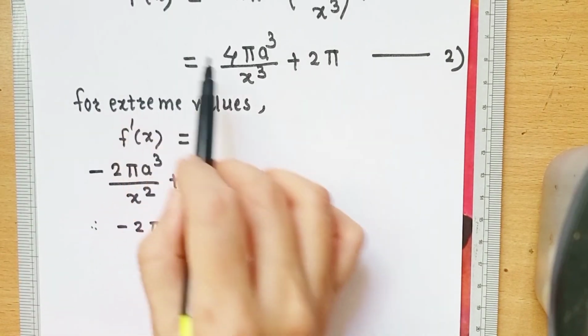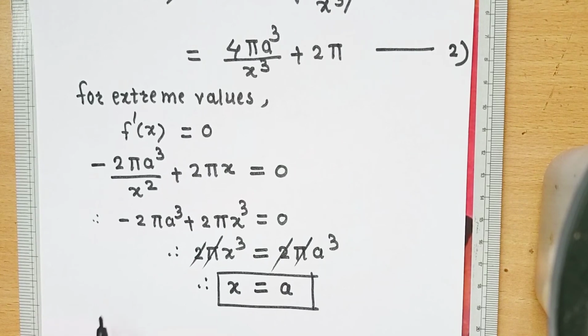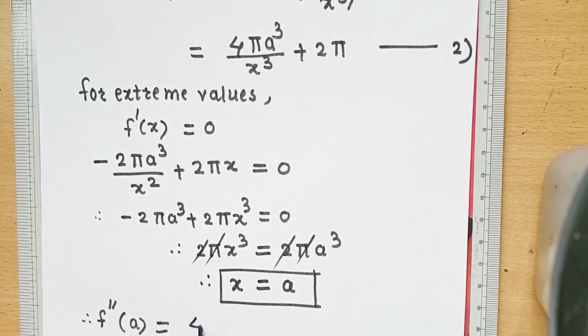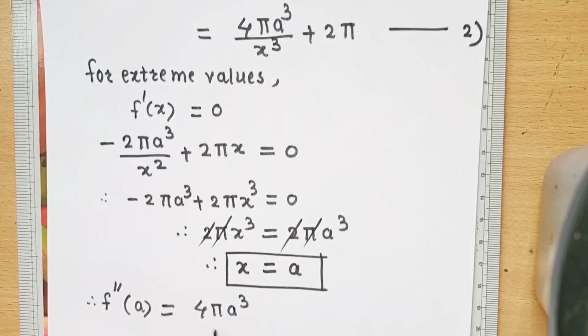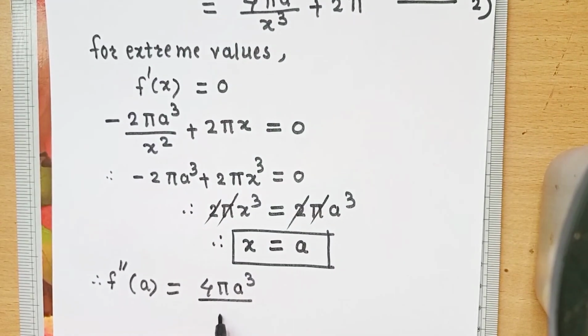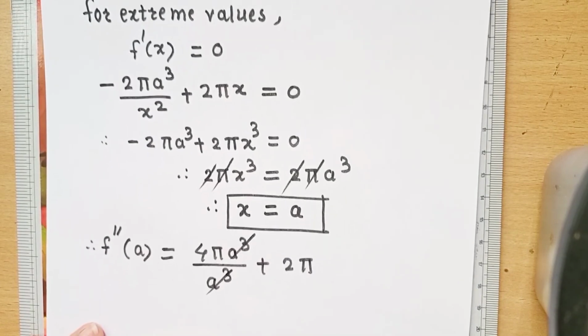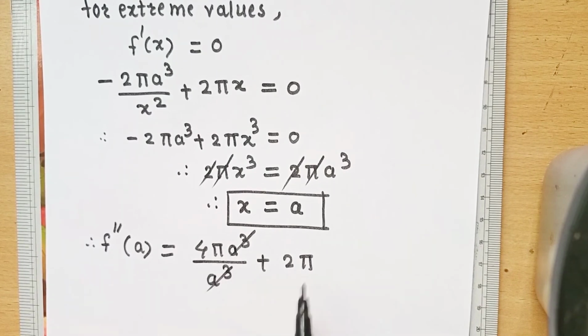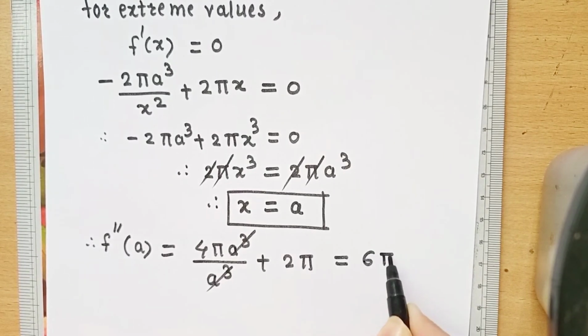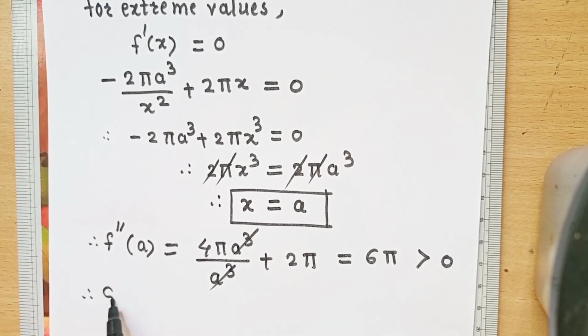Now substitute this in the second order derivative and we will check whether the surface area is minimum or not. So f double dash of a is equal to 4 pi a cube upon, instead of x we will write a cube, plus 2 pi, and now upside downside this a cube gets cancelled. 4 pi plus 2 pi, that is equal to 6 pi, and clearly this is greater than 0, and therefore we can say that the surface area S is minimum at x is equal to a.